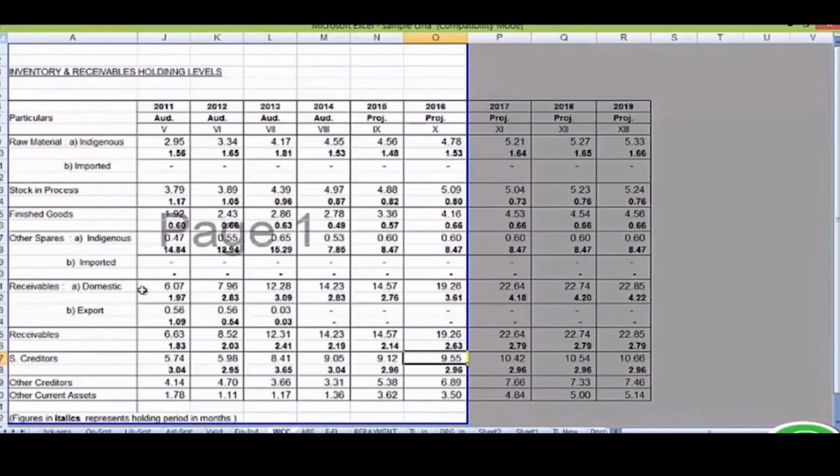This sheet would tell how many months of raw material stock has been maintained, how many days the funds are locked in stock in process, how many days of finished goods are maintained, similarly how many days of credit is given to the customer, then how many days of credit the customer enjoys from his supplier. All this detail will be available in this sheet.